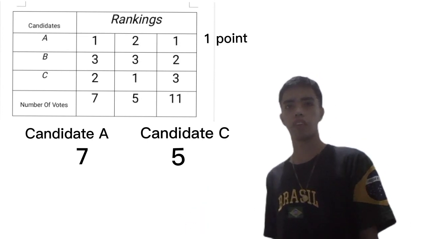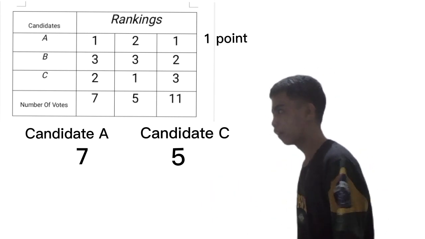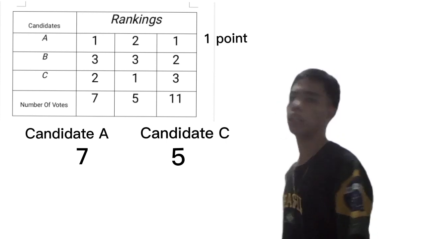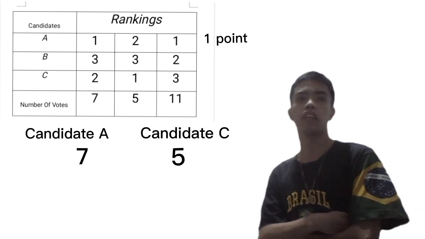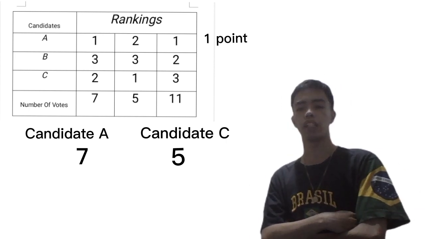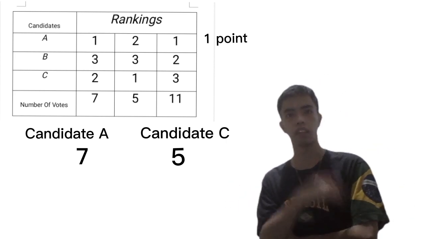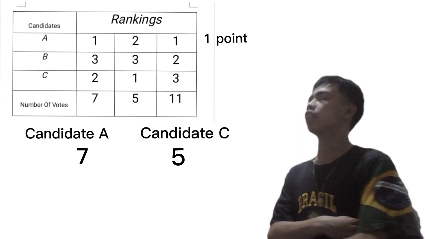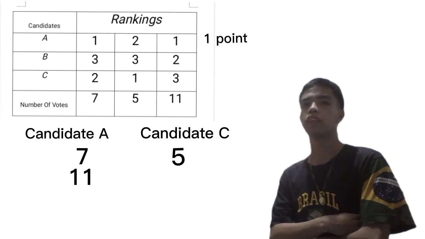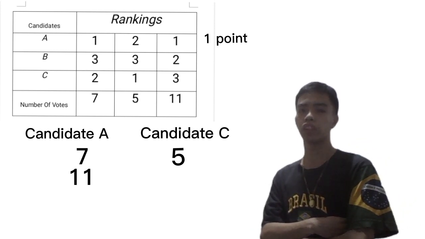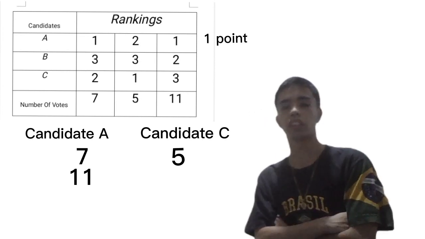So candidate A now has 7 votes, while candidate C has 5. For the 11 voters, candidate A got first while candidate C got third, so candidate A still gets the 11 votes.